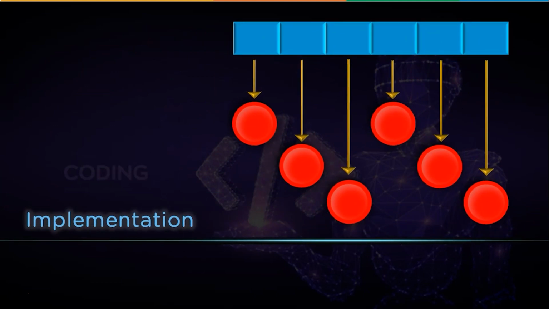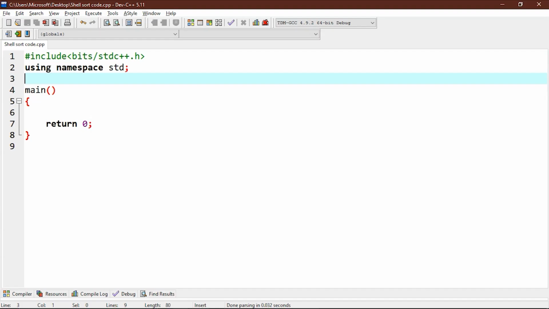Now let's try to implement this algorithm in the code editor. First, we will start with a function to sort an array using shell sort. So int shellSort, we will write the arguments as int arr[], int n.